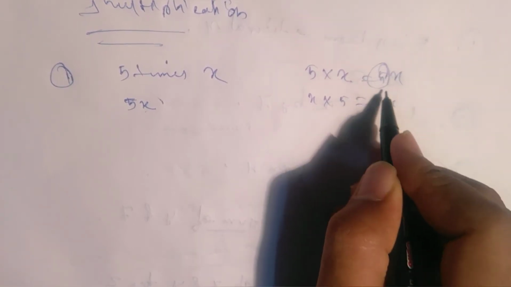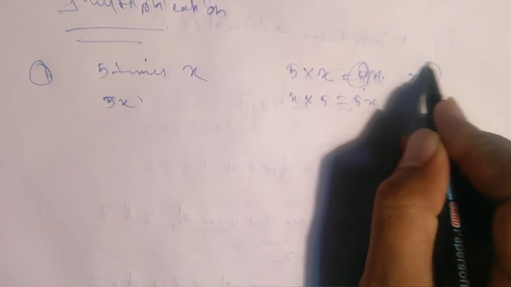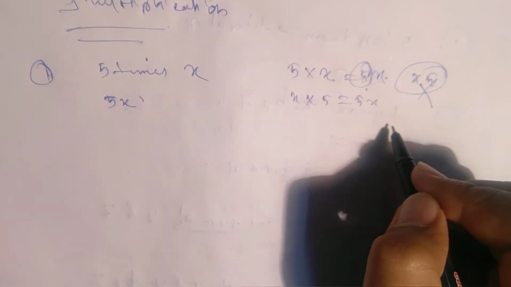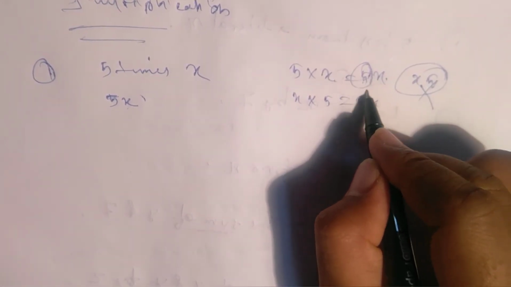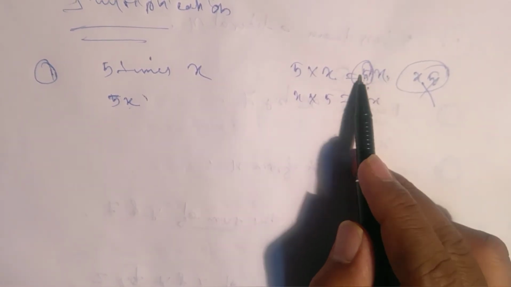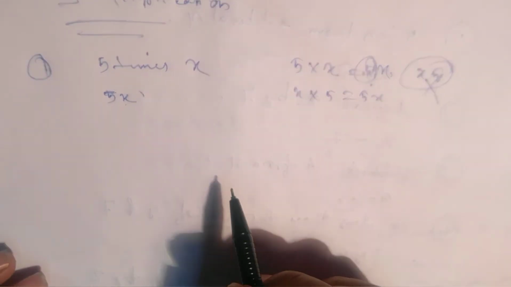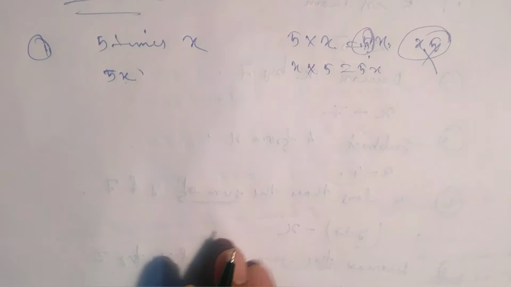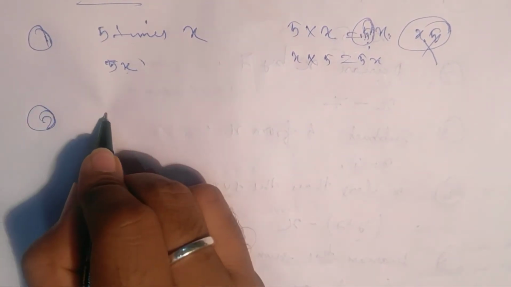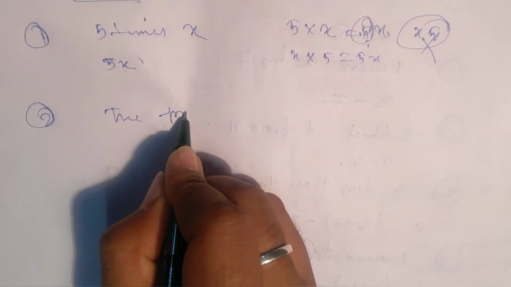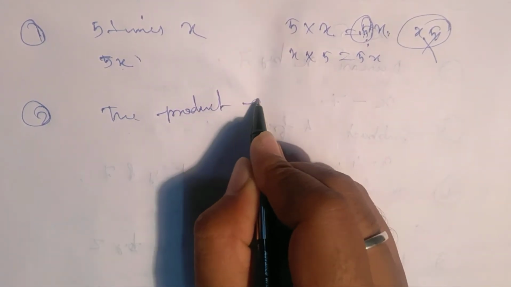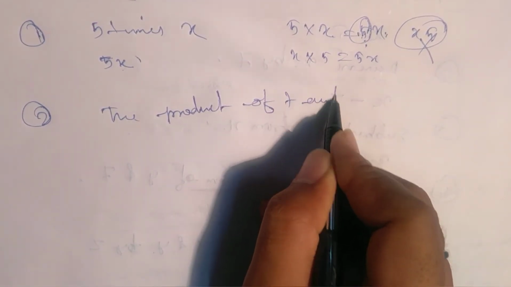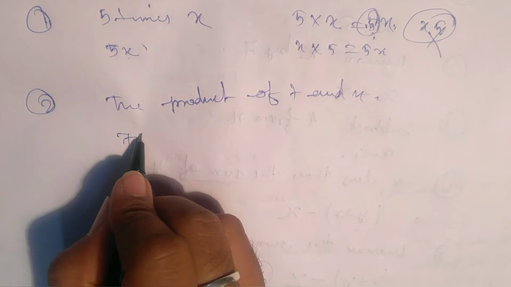Generally, we keep the constant in front of the variable. We do not write x5. This is not a good representation. We always keep the constant in front of the variable. Next, second number, the product of 7 and x. 7x. Simple.